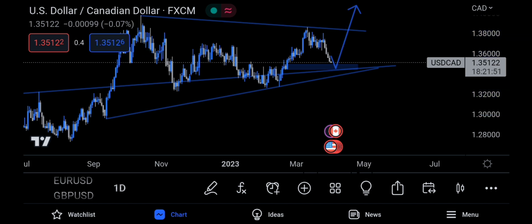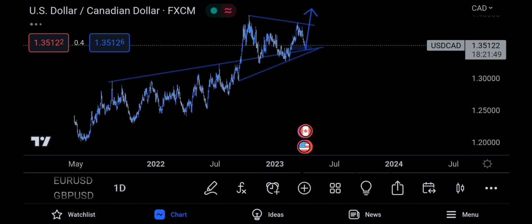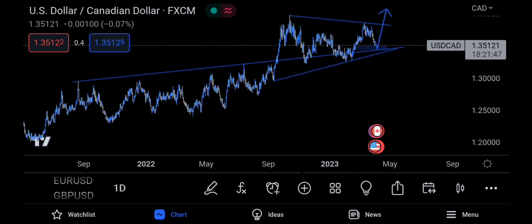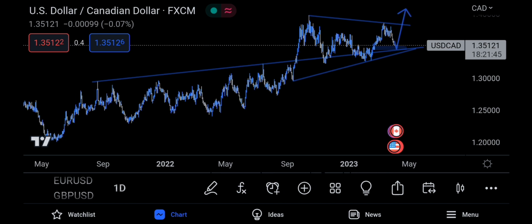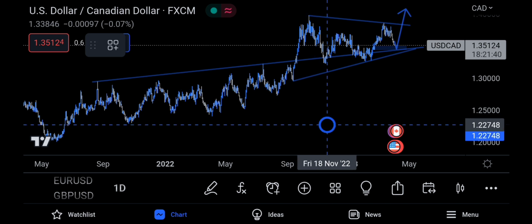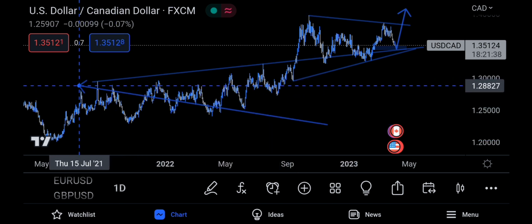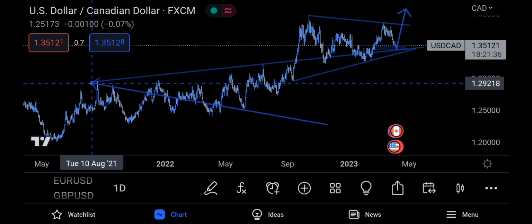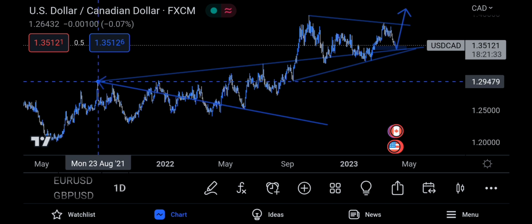However, if we take a good look here, this trend line has been established since 2021.